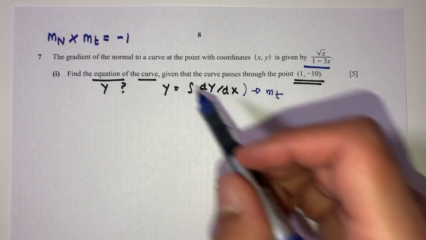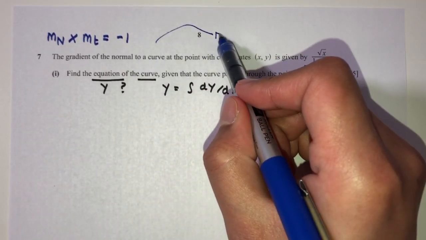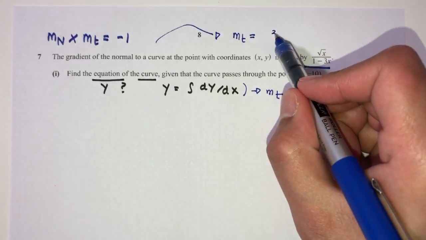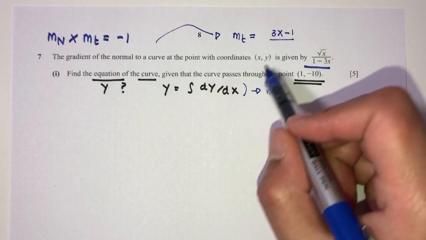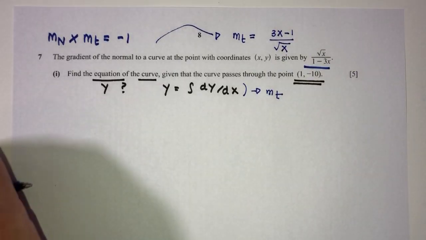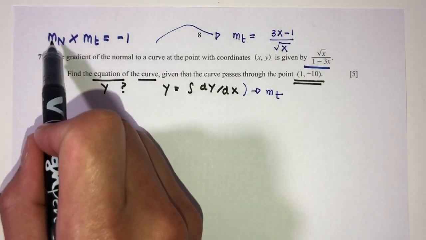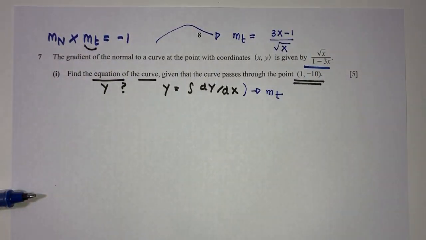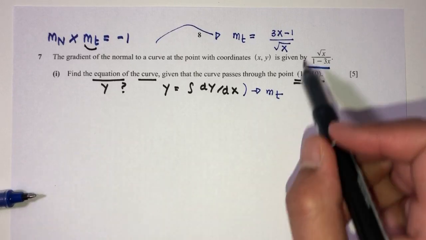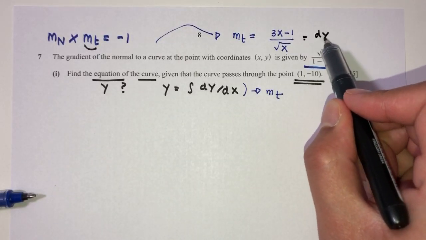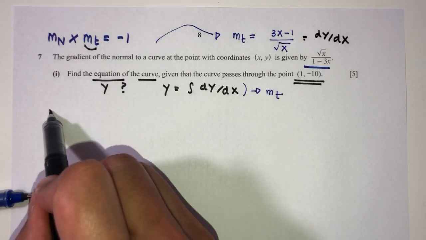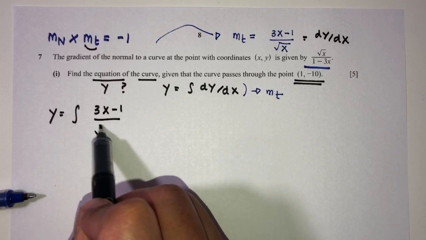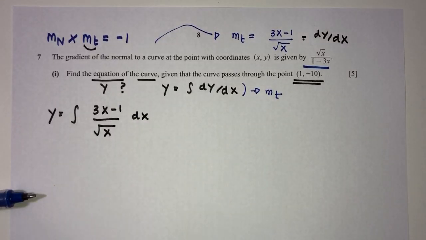So from this, you can conclude that the gradient of the tangent has to be (3x minus 1) over root x. Right, because you have to replace the value here and make this the subject, so you will have this as your value. So from this we conclude that this is the same as dy by dx. So y is equal to the integration of (3x minus 1) over root of x dx.